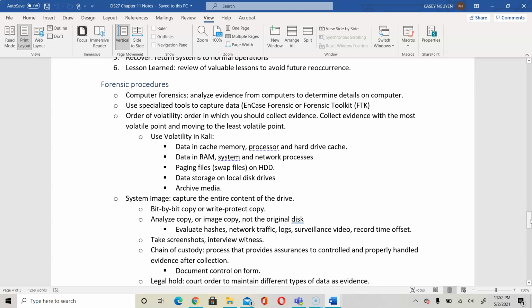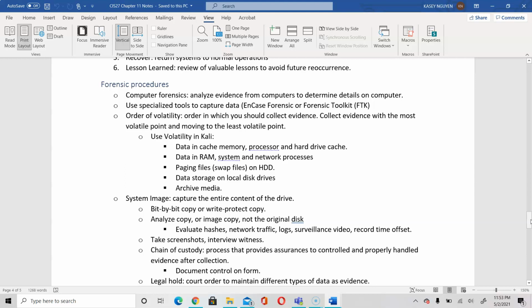In this area, we would use specialized tools such as EnCase Forensic or Forensic Toolkit. There are many different types of toolkits available, some commercial, some open source, and we can use them to capture data for analysis.